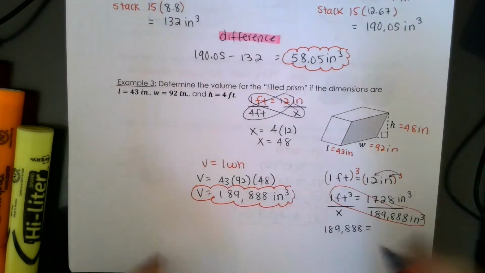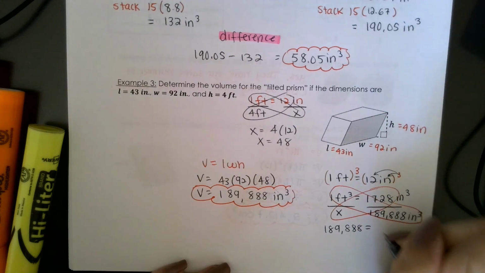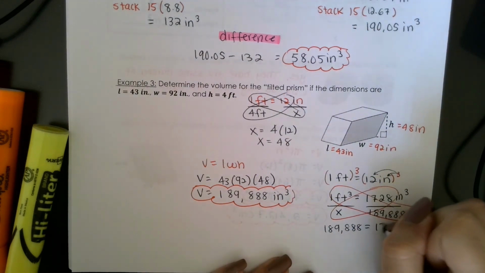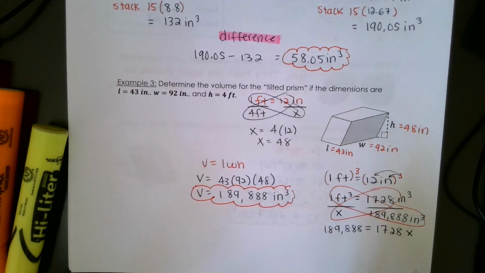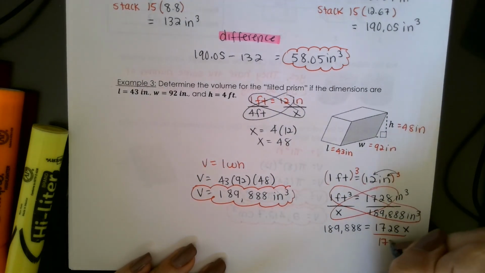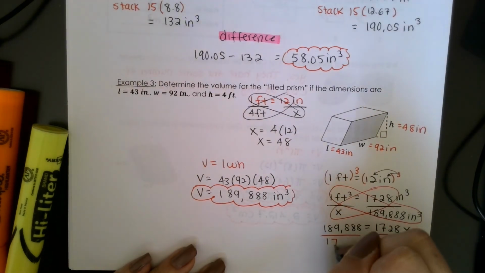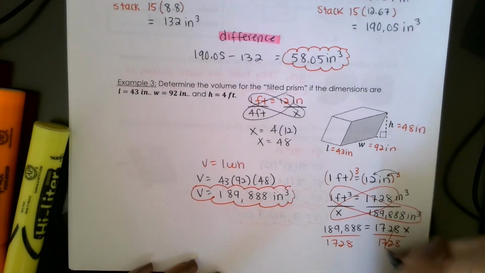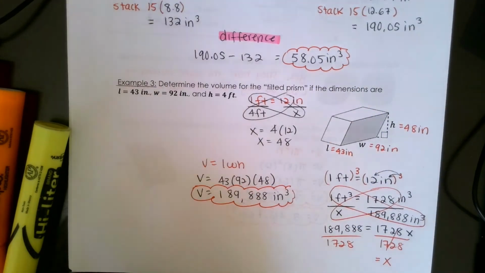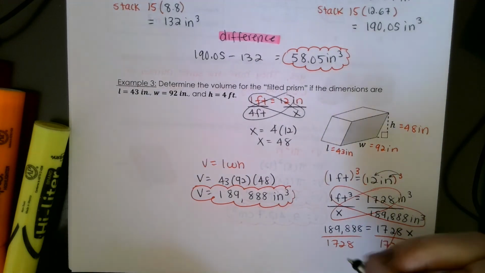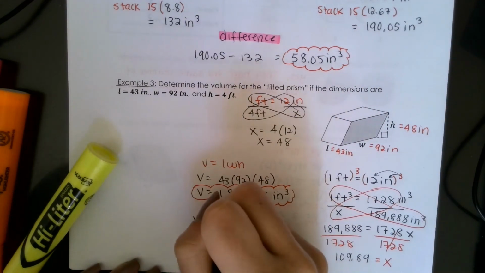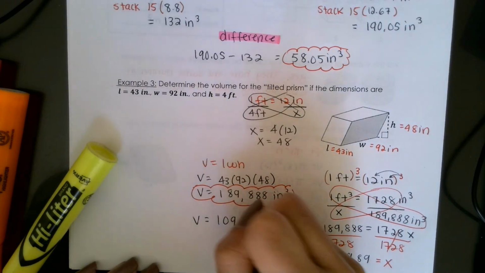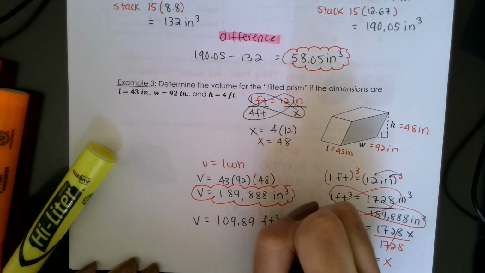And then cross multiply here. So you'll have 1,728 times x. If you want to solve for x, you're going to divide. So x in terms of feet will give you approximately 109.89. So the volume in feet will be 109.89 feet cubed.